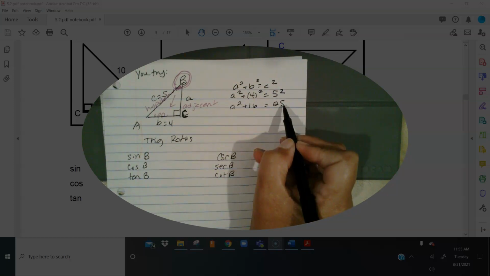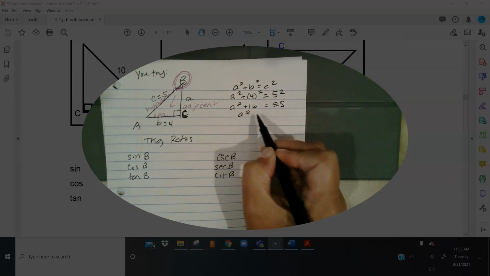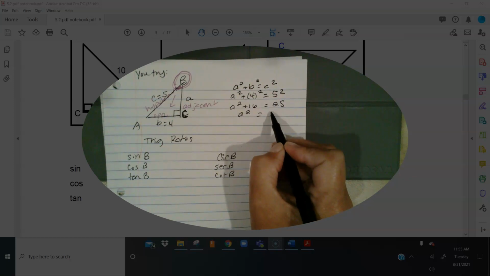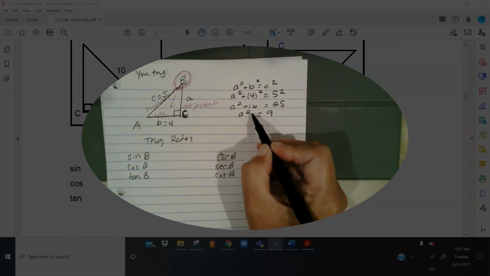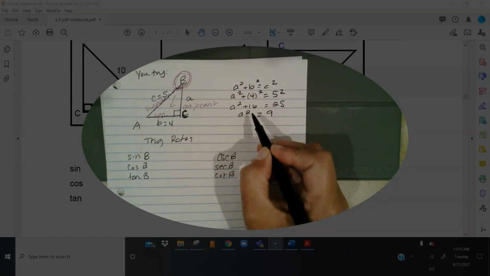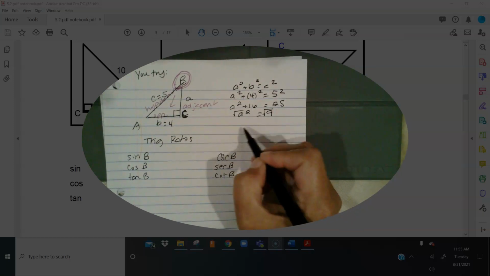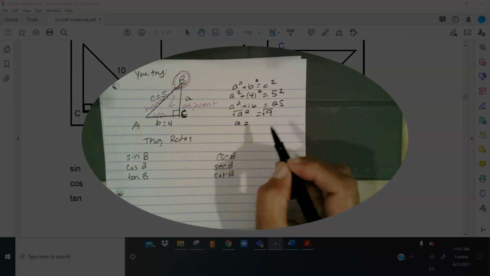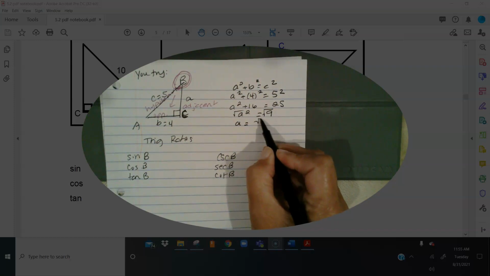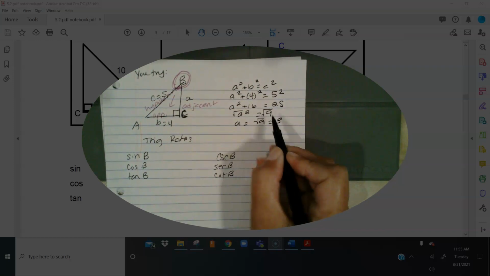Collect your constants together. Isolate the variable. A squared is equal to 25 minus 16, which is 9. Still trying to isolate that A, take the square root. We're only using principal square roots because these are distances. So A is equal to the square root of 9, which is 3.